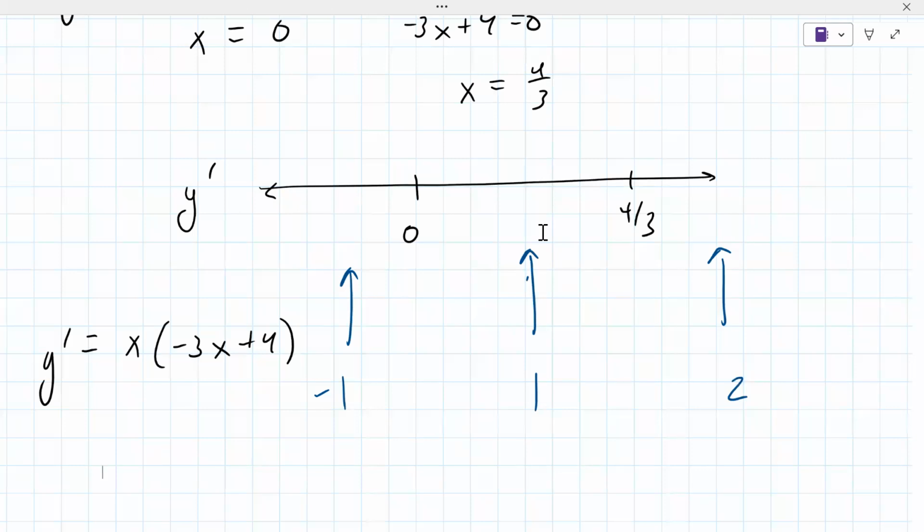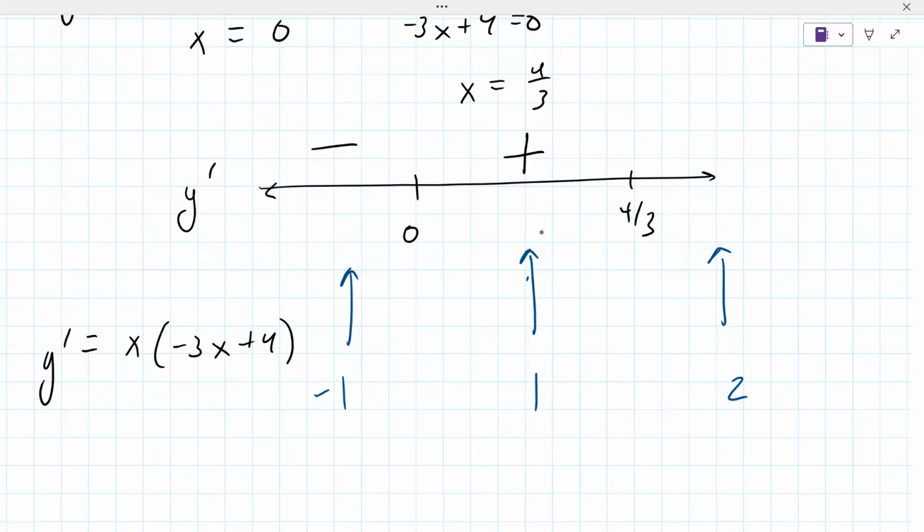So the first one would be negative, right? Okay, I agree. All right. And then for one it would be positive.